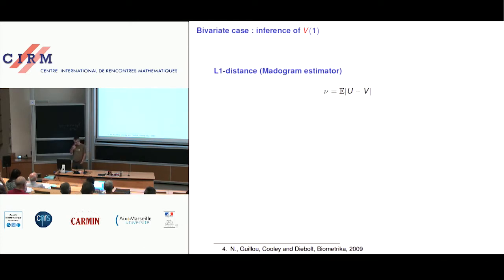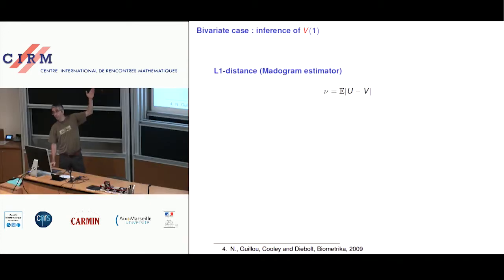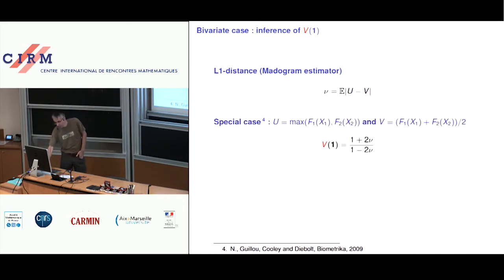But what we did with Armel and colleagues, we looked at a special case where we introduce this distance, which is the L1 distance. In geostatistics, it's called a madogram, but whatever, it's just an L1 distance. If I take mu equal to a max combination of F1 of x1 and F2 of x2, and V is just the average of the two, then you have this relationship.